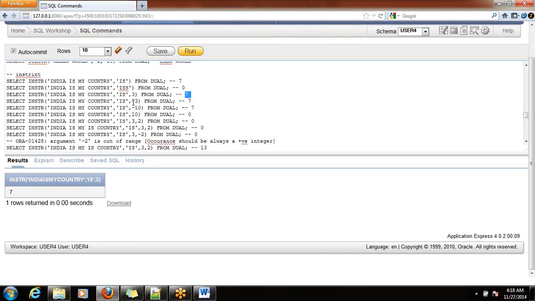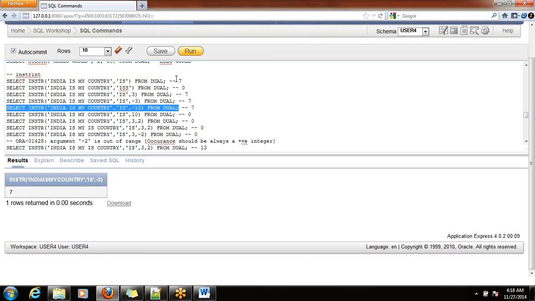Now I deliberately give a negative value as the third argument, -3. So again 7. Even though you give a negative value, still it gives the 7th position. I gave -10.